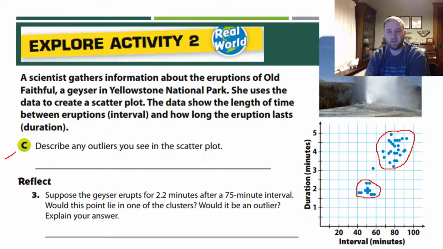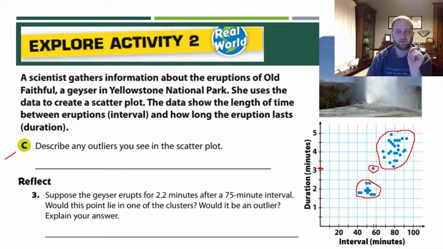Okay, to me, there's one point that seems like it's by itself, and that's this point right here. This point happens at right about 58 minutes, and it lasts over 3 minutes for the eruption.